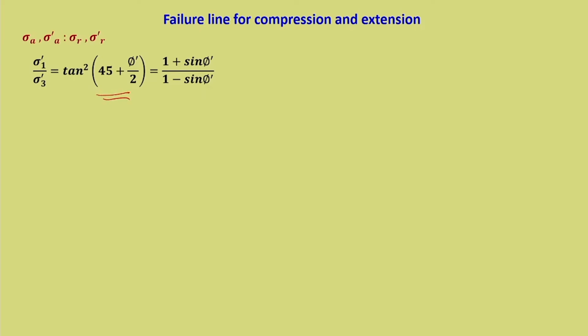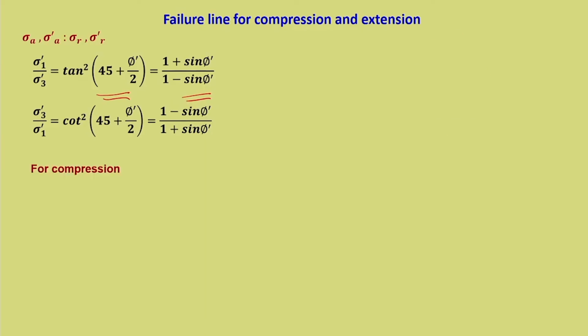So, sigma 1 dash by sigma 3 dash is equal to tan square (45 plus phi dash by 2), or we can rewrite this as (1 plus sin phi dash) divided by (1 minus sin phi dash). We also need the reciprocal, sigma 3 dash by sigma 1 dash, which is cot square (45 plus phi dash by 2), or (1 minus sin phi dash) by (1 plus sin phi dash). In a way, we have now defined the failure lines in the sigma A dash plot.